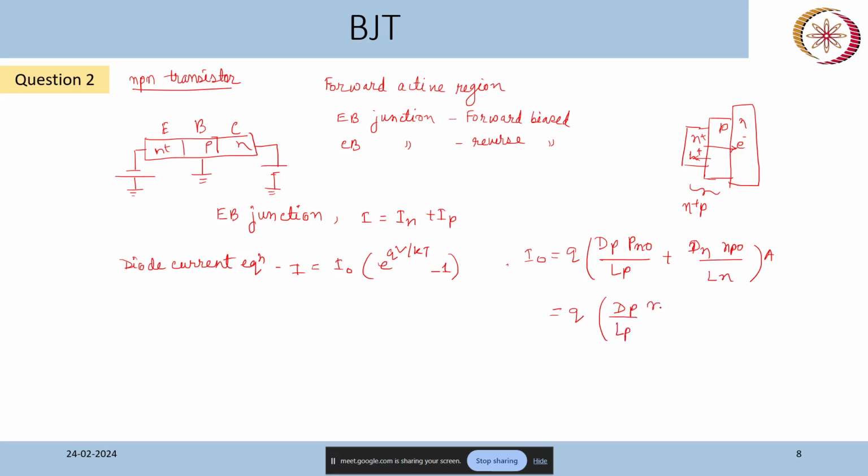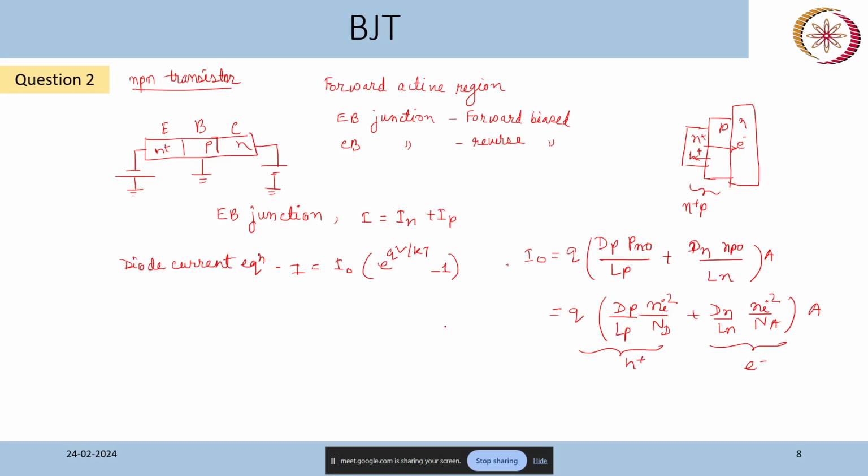Pn naught we can write as ni square by Nd, plus Dn by Ln times ni square by Ne, multiplied by the cross section area. So this part gives the hole current and this part gives the electron current.